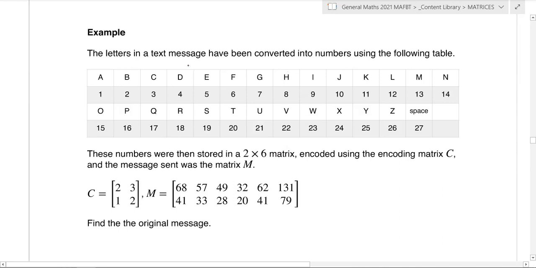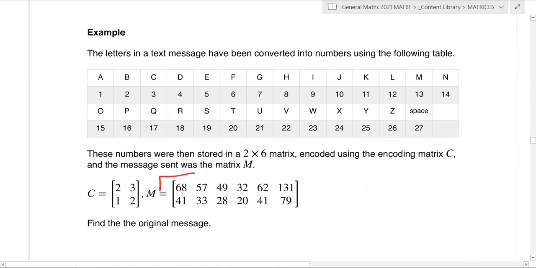So here, the letters in a text message have been converted into numbers using the following table. So A corresponds to number 1, B is the number 2, C is 3, D is 4, and so forth. Keep in mind that number 27 represents a space. So keep that in mind when we try to decode a message.